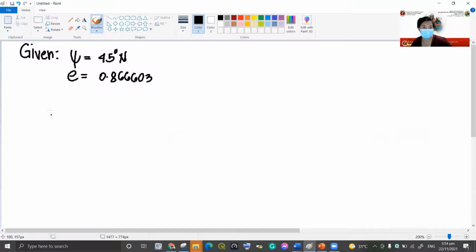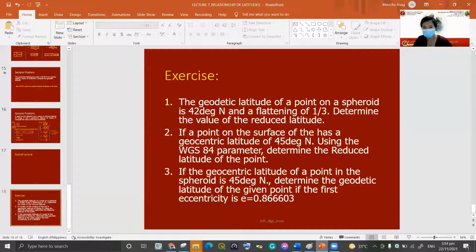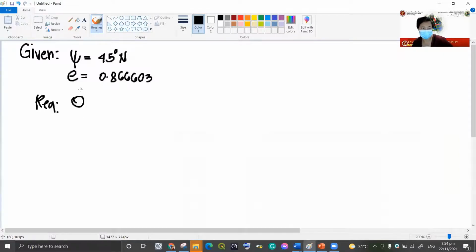Okay, good. We are required to compute the geodetic latitude. So what would be the relationship between these two? We all know that tangent of the geocentric is equal to 1 minus e squared tangent of the geodetic latitude. Since we are given the eccentricity, madali na lang.